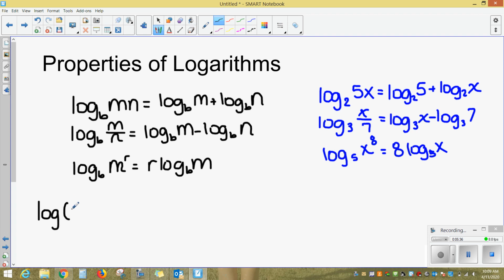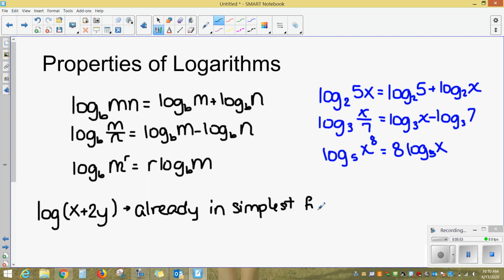If we have the log of x plus 2y, then that's as simplified as it can be. We can't split that apart in any way.